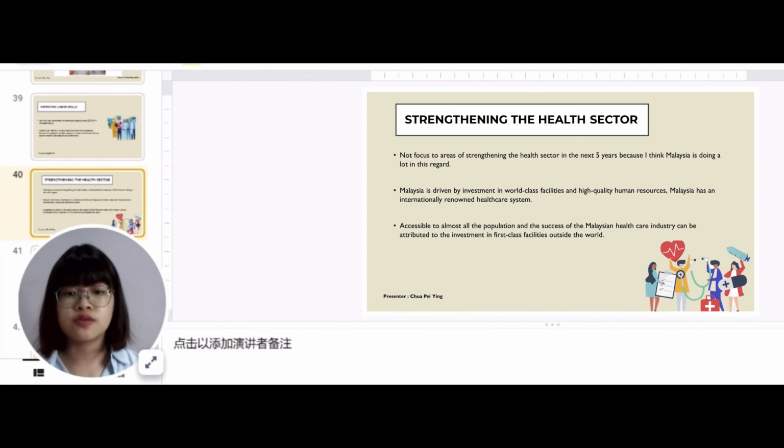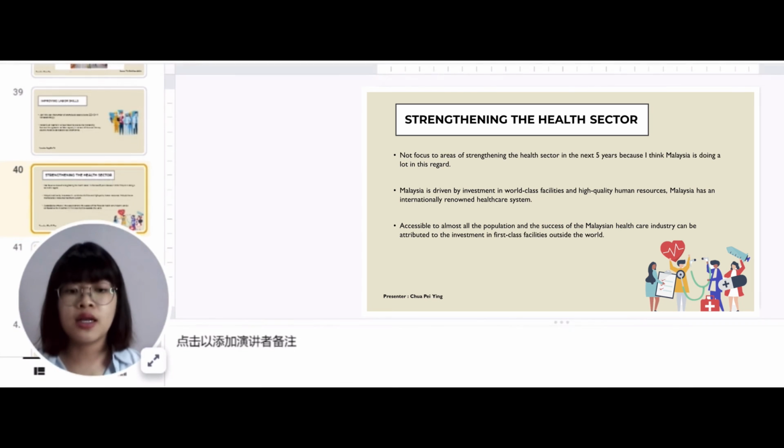Malaysia is driven by investment in world-class facilities and high-quality human resources. Malaysia has an internationally renowned healthcare system. It is accessible to almost the whole population, and the success of the Malaysian healthcare industry can be attributed to investment in first-class facilities.